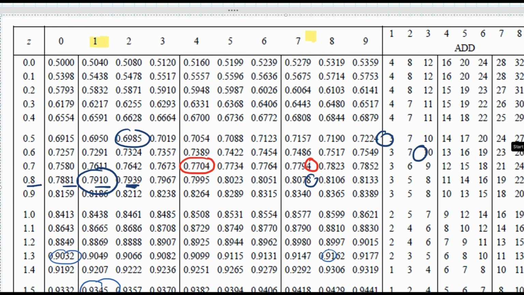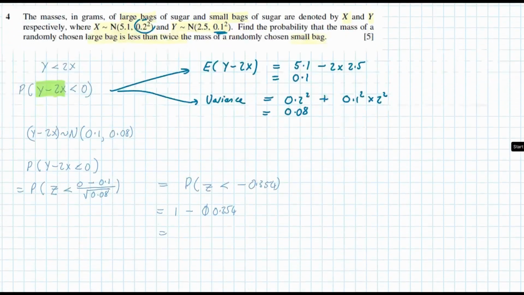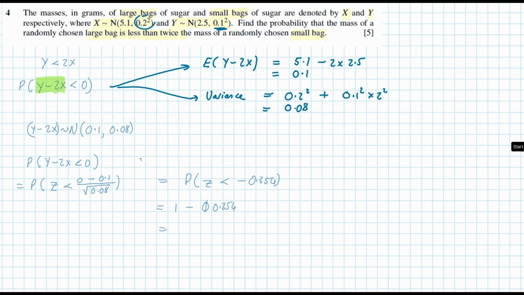I think it's 0.6383. So 1 minus 0.6383, and that should give us, to three significant figures, 0.362. That's the 3SF. That's our final answer. Okay, so that's that one dealt with.